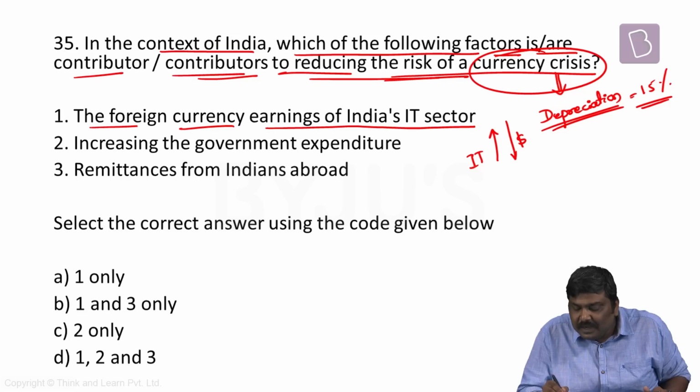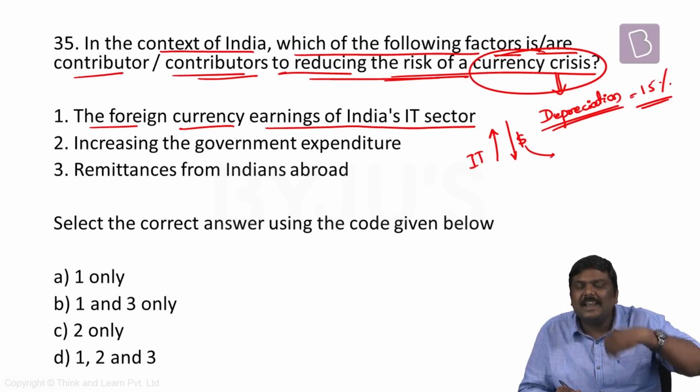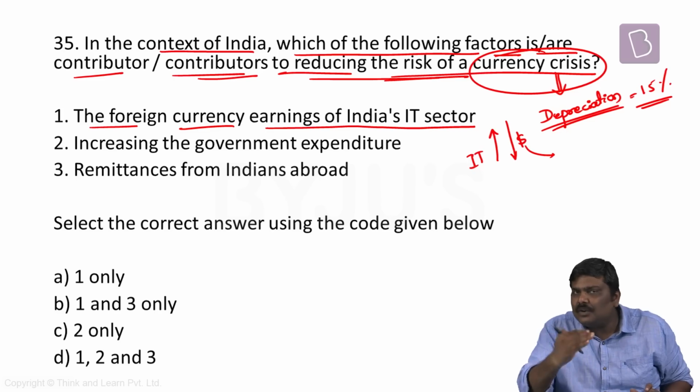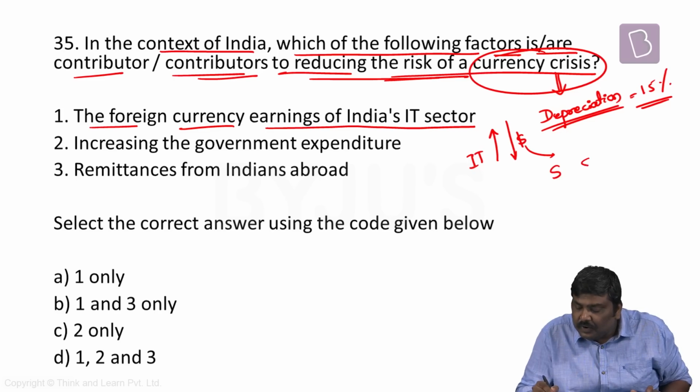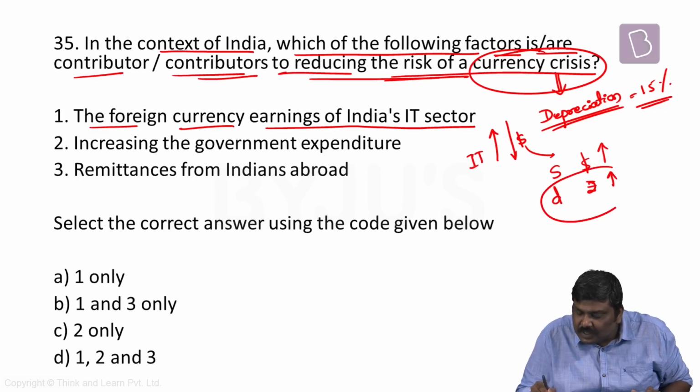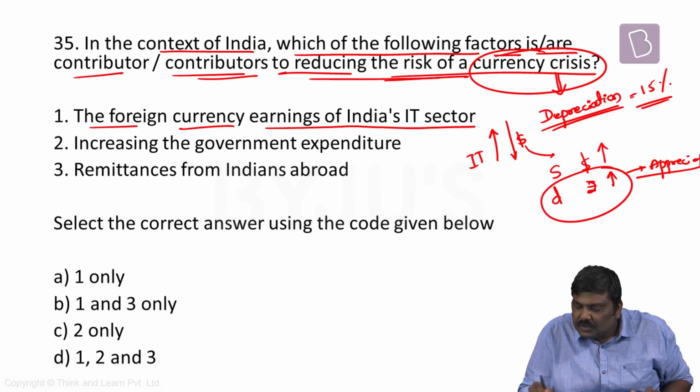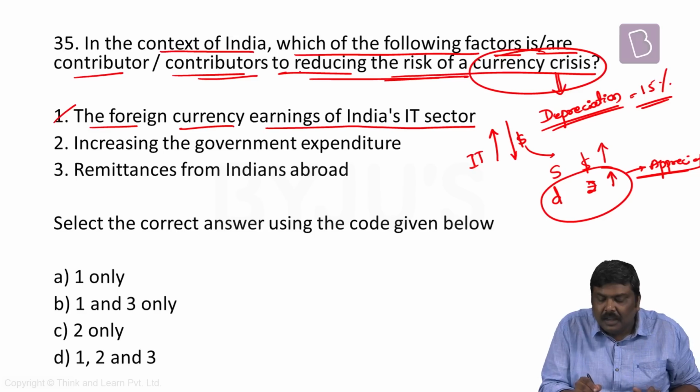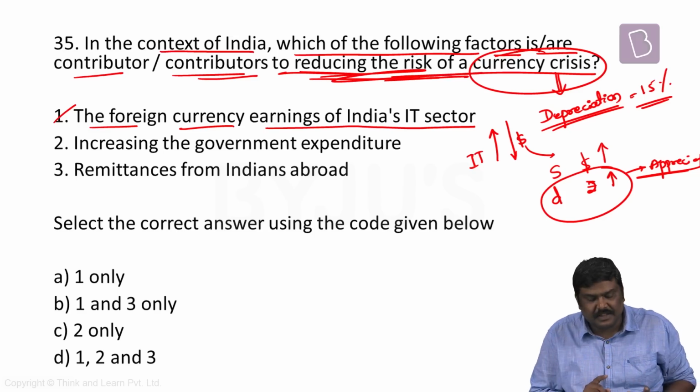And when the payment is in dollars, we will sell dollars in the market and purchase rupees. So supply of dollars has increased, demand for rupees has increased. As a result of this, the rupee will appreciate.